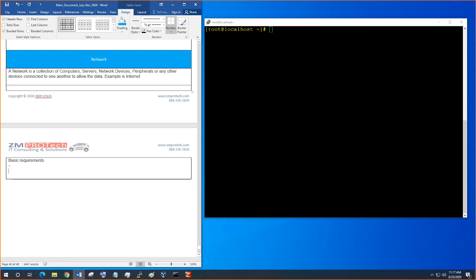What you need is a NIC card, network interface card, and you need a media, and you need a topology, protocol, and the IP address. Okay, these are the ones we're gonna concentrate on.